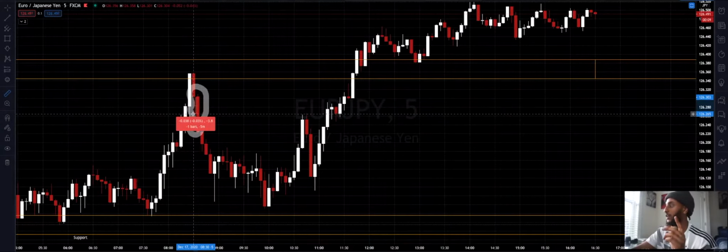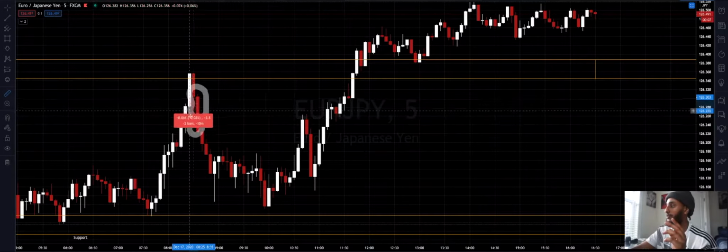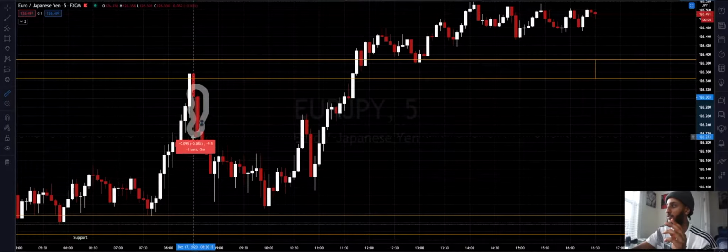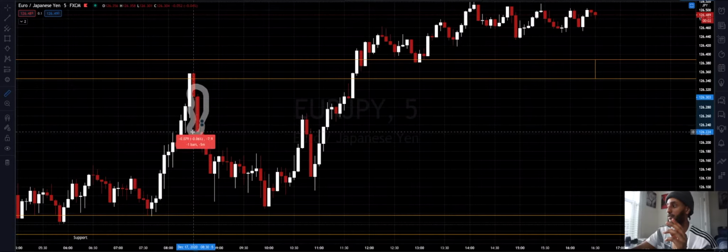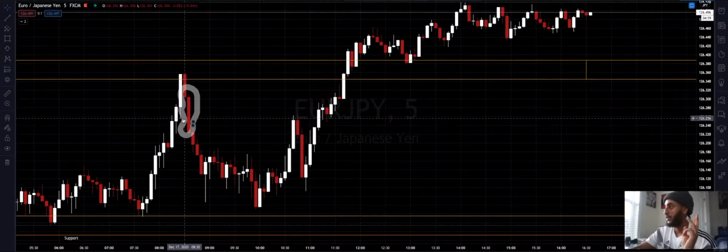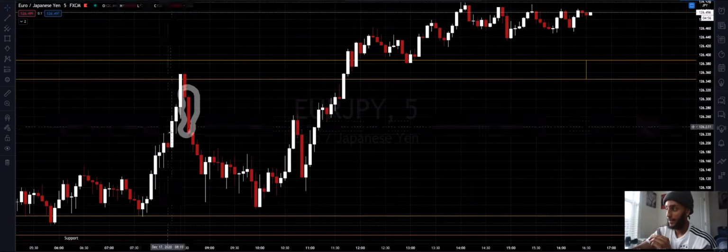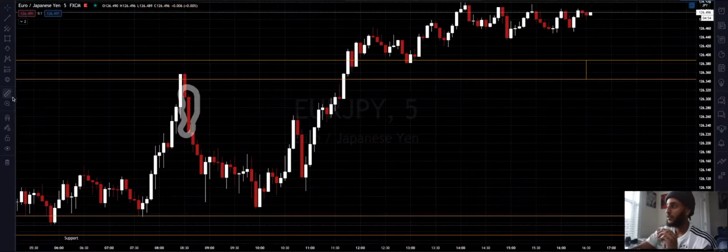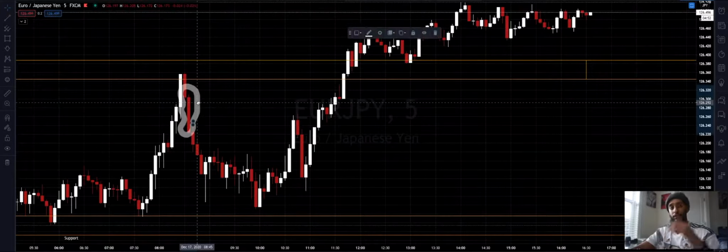That's one candle it took out. Second thing, it took out the second candle, which is right here. It took out the whole candle of the second candle. 2, and then number 3, it took out half of this third candle. When I say take out, the engulfing candle has to be bigger than the candles before it, right?